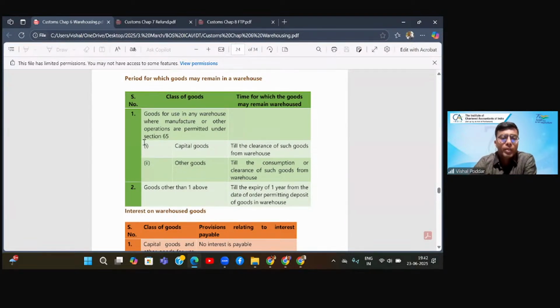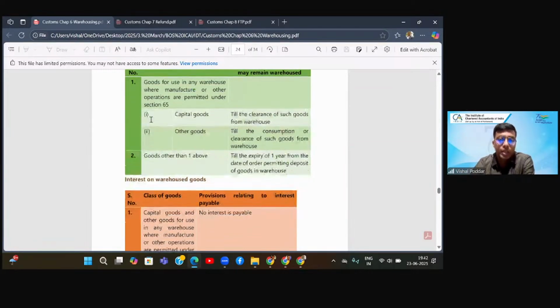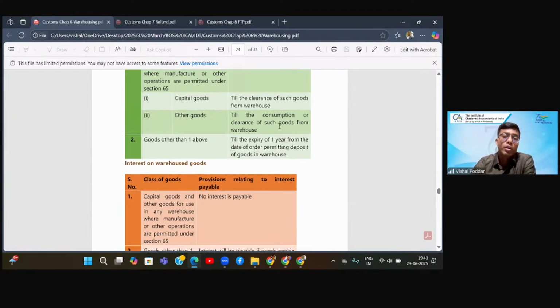So that is why this provision says where capital goods are kept in the warehouse under section 65 provisions, in such cases there is no time limit, you can clear it anytime. Similarly, other goods like your raw material, your consumables, spare parts are kept, again for that there is no time limit for removal.